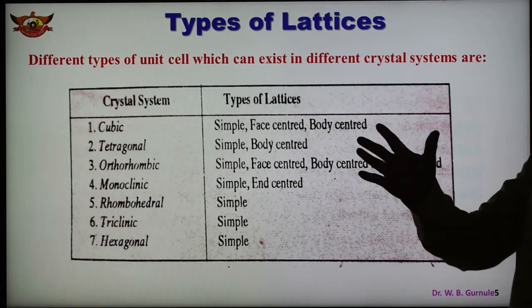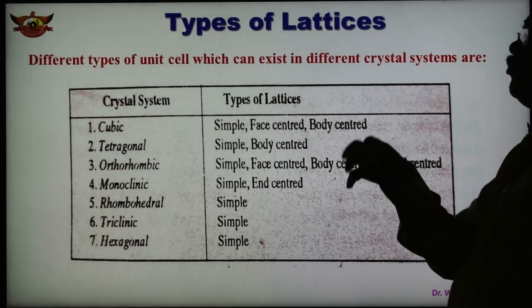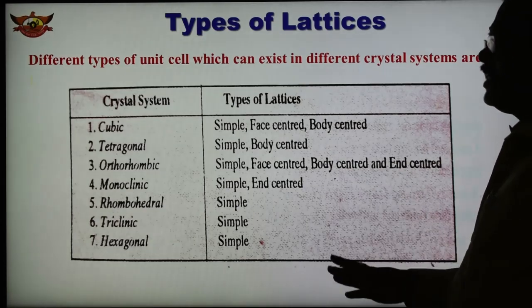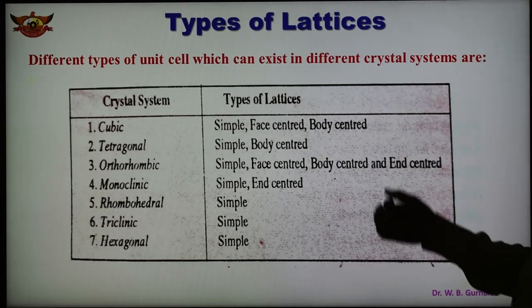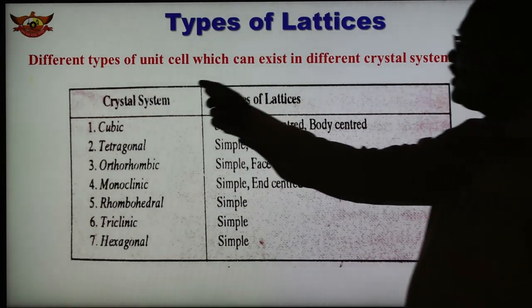As we have seen, there are 14 ways of arranging lattice points in space, known as the Bravais lattices, and the 14 Bravais lattices are grouped into 7 crystal systems.